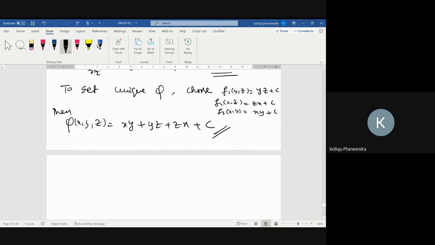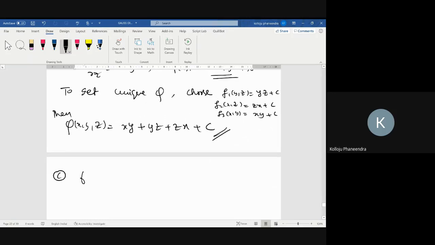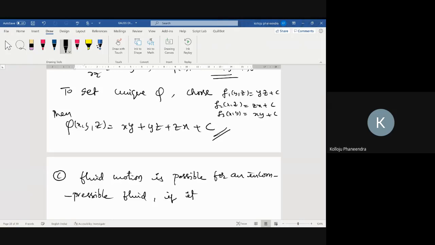And one more point. What is the third question? Fluid motion is possible for an incompressible fluid if it satisfies the equation of motion. What is the equation of motion?